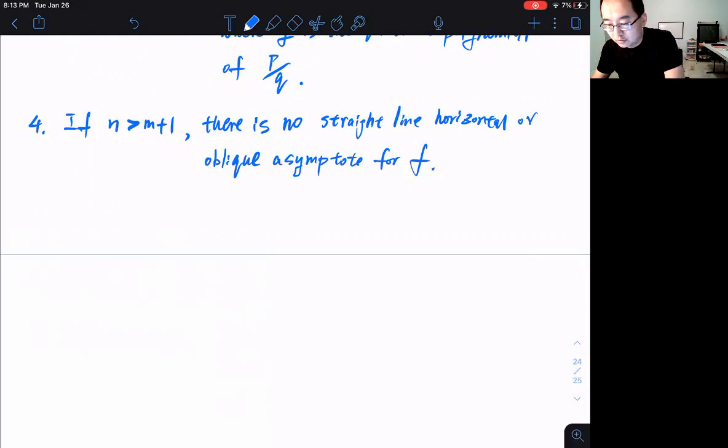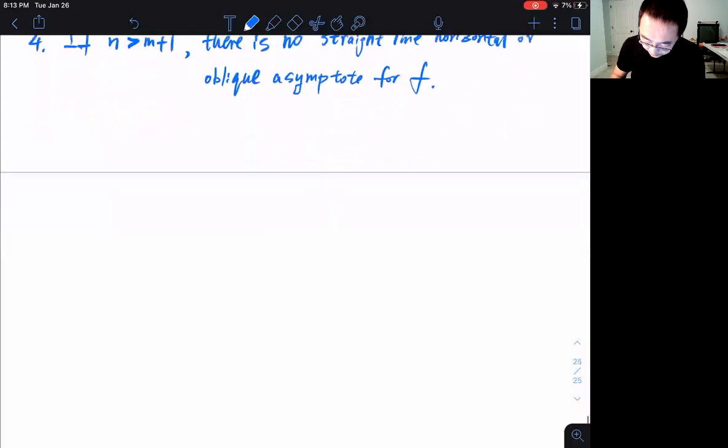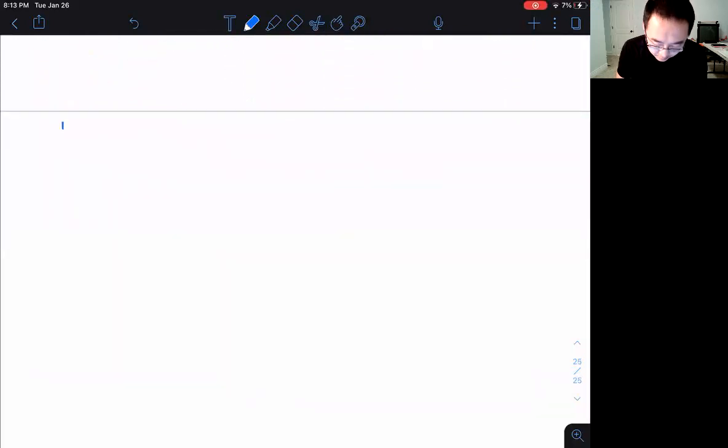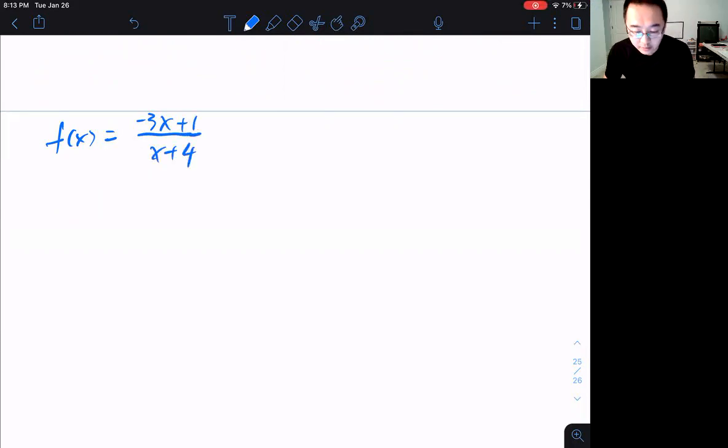Okay, so let's say we have f of x equals negative 3x plus 1 over x plus 4. And my question is, is there any vertical asymptote?